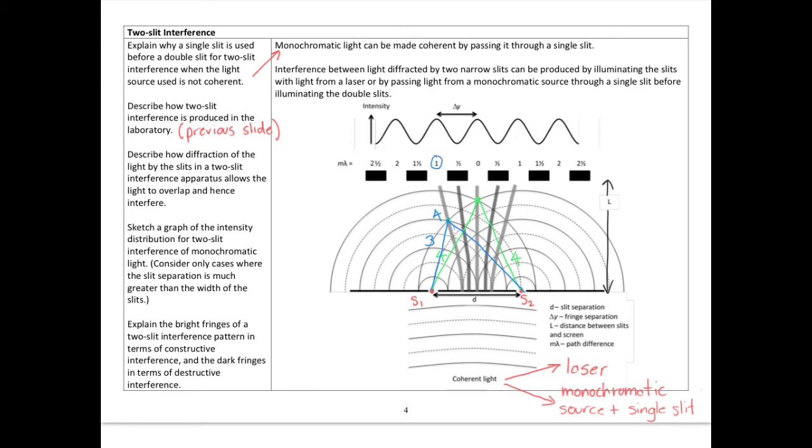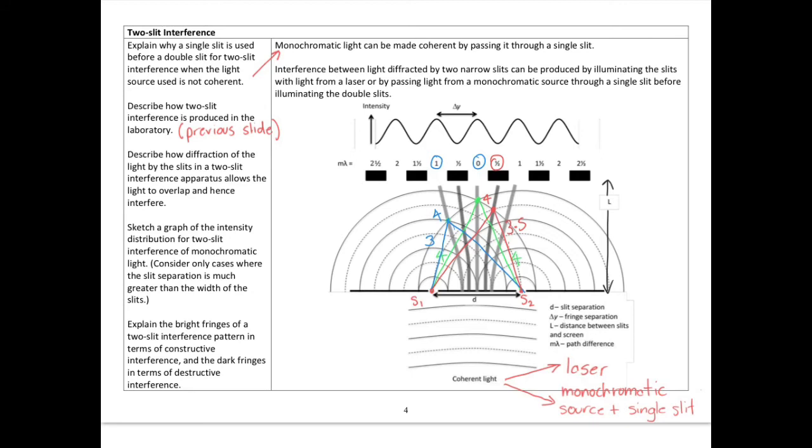And this is our path difference here, 0, 1. If we took the point here, we would have that length there would be 4. This one here would be 1, 2, 3, 3.5. So we would have half wavelength path difference, and we would get destructive interference.